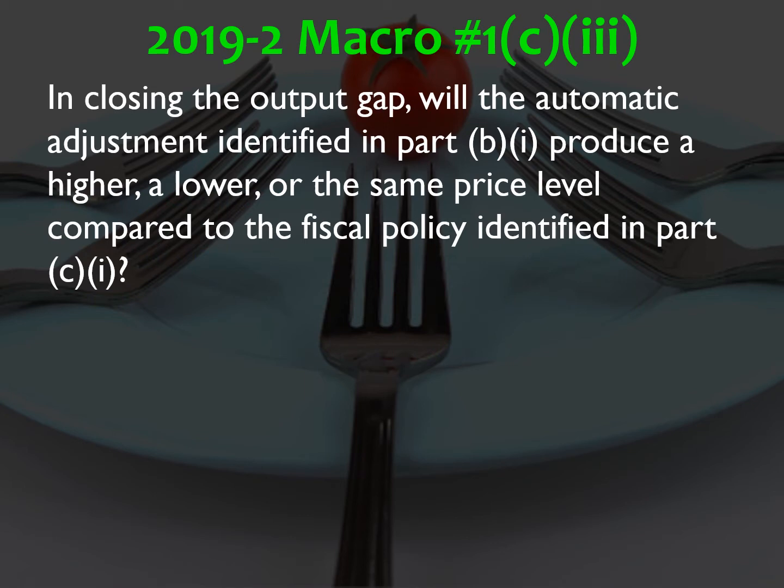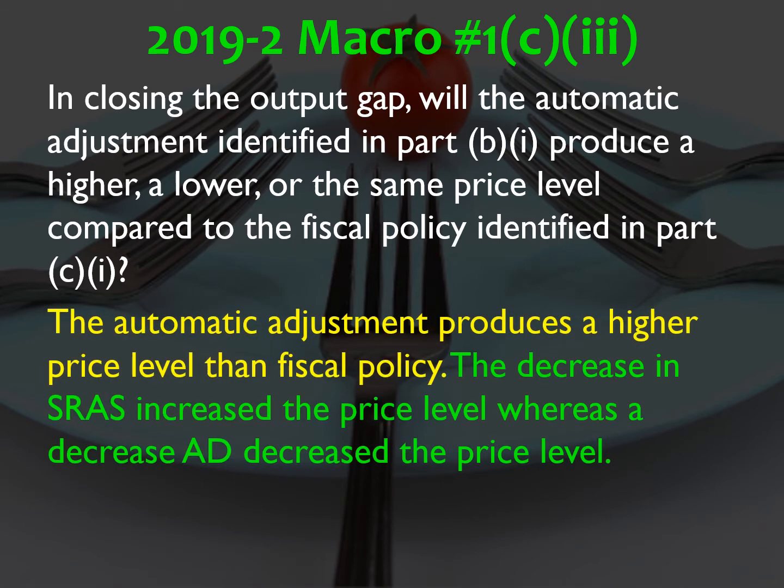C3, in closing the output gap, will the automatic adjustment identified in Part B1 produce a higher, a lower, or the same price level compared to the fiscal policy identified in Part C1? Now, the automatic adjustment produces a higher price level than fiscal policy. The explanation you did not have to include is that when SRAS shifts to the left, that increases the price level.